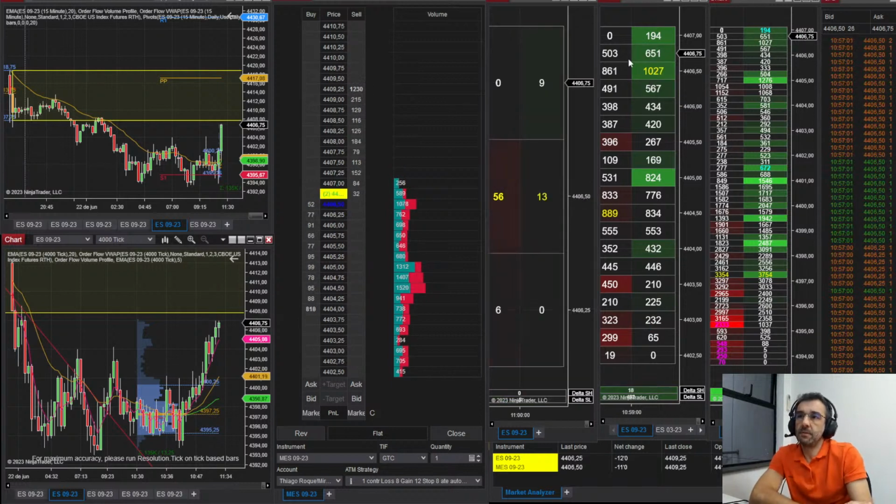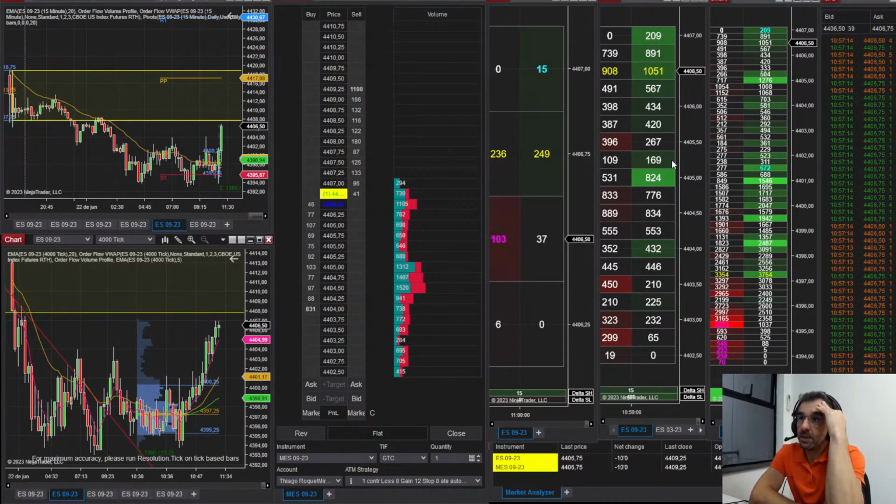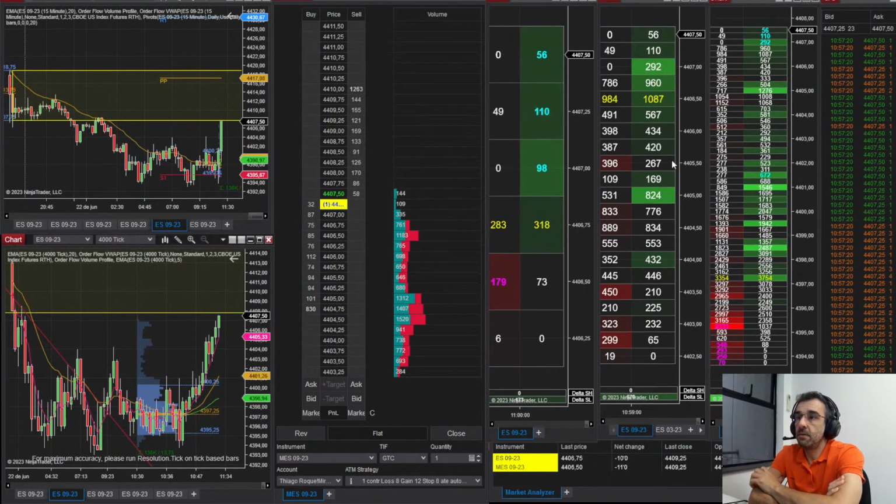We're seeing sellers defending but buyers absorbing. Now we're on the regular trading hours highs and buyers absorbing here. So that initial condition of indecision has changed a bit now.